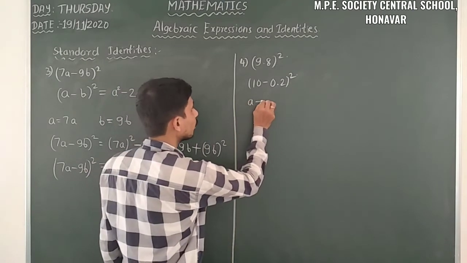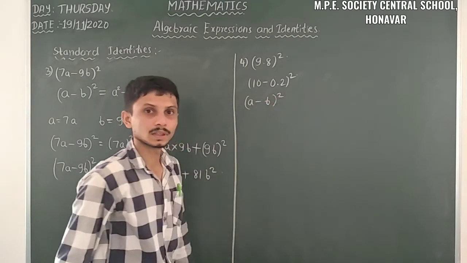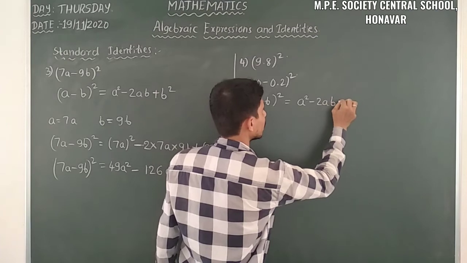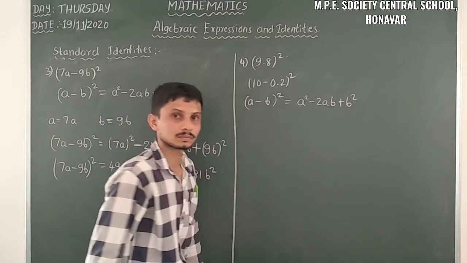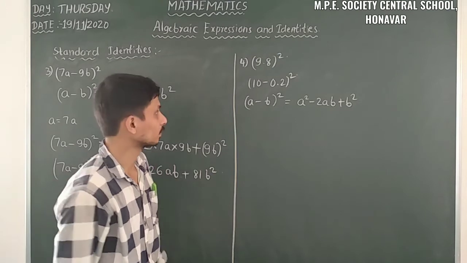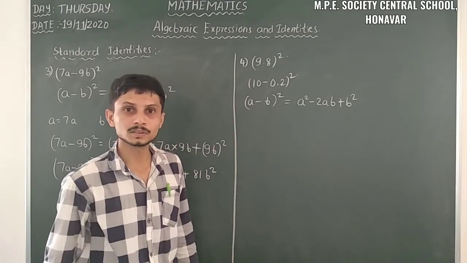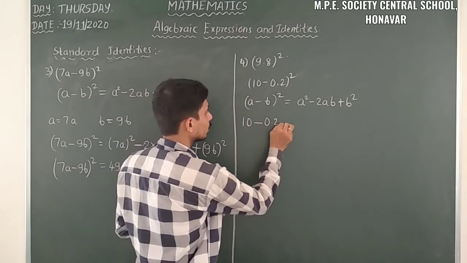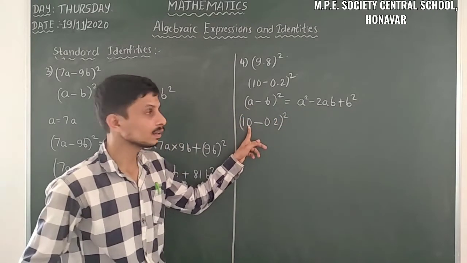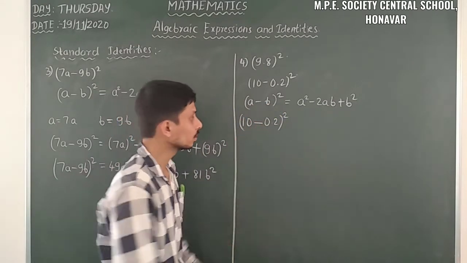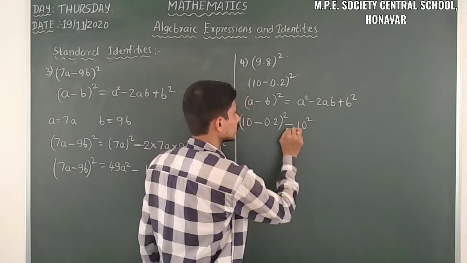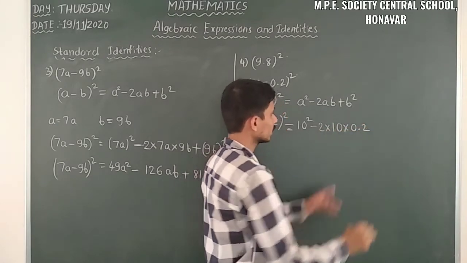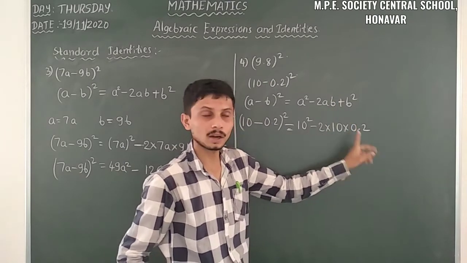Here it is in the form of a minus b whole square. A minus b whole square is equal to a square minus 2ab plus b square. Then substitute the values. Here in 10 minus 0.2 whole square, in place of a we have 10 and in place of b we have 0.2.